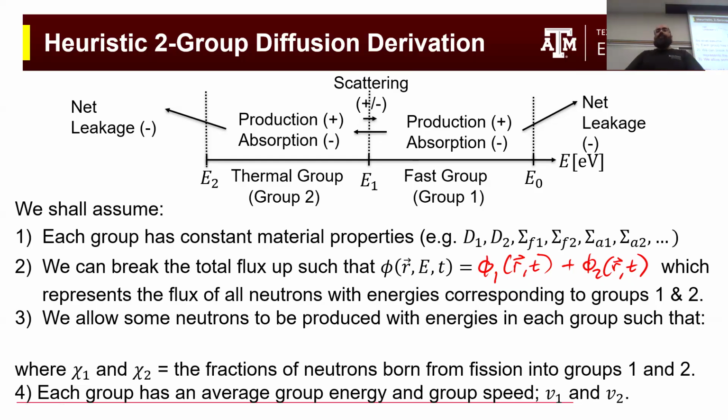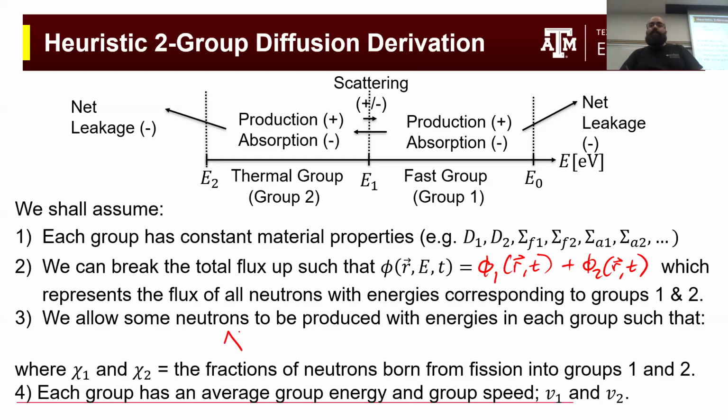And in terms of the production, instead of having our fission spectrum be a probability density function that we evaluate at lots of different energies, we only have two groups. So we're just going to assume that there's a fraction of my neutrons that are born into group 1, and a fraction that are born into group 2 when we have fissions.